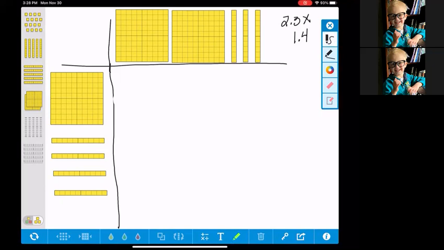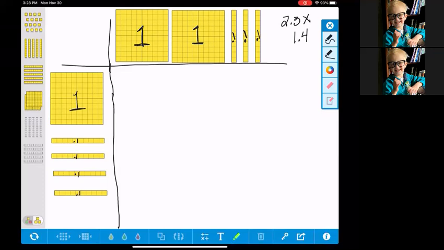So this one right here is a whole. This is 1. This is a 10th. This is a 10th. This is a 10th. Likewise, this is 1, 1/10, 1/10, 1/10, 1/10. So you can write it in numerals as numbers, but let's look at it as area.